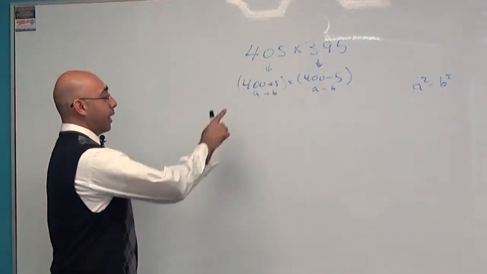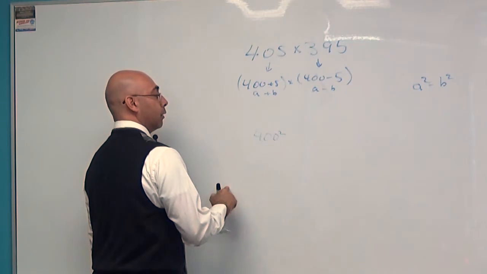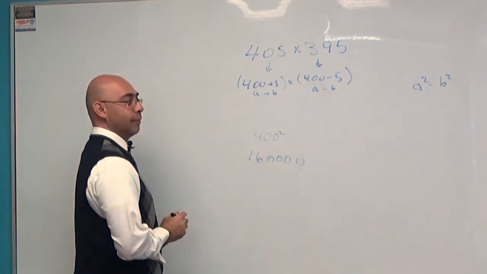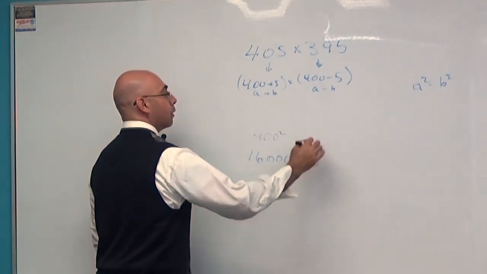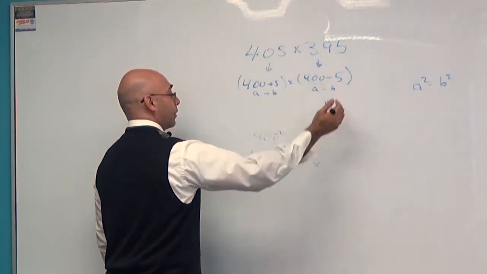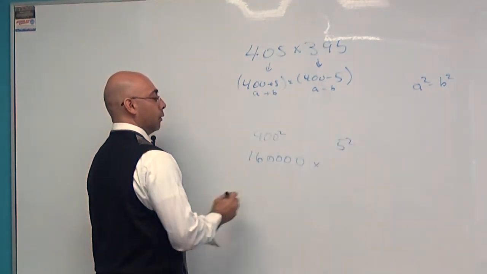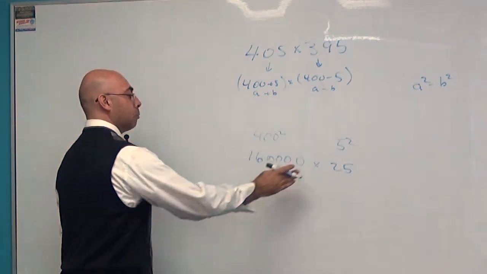Well, if that's a, what's 400 to the second power? 160,000. You're just doubling these zeros too. And that's b, so it's b to the second power. What's 5 to the second power? 25. I'm sorry, it's minus.